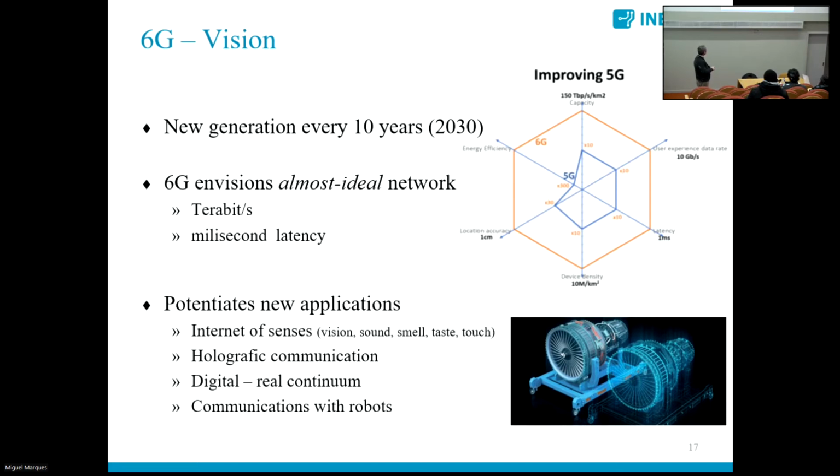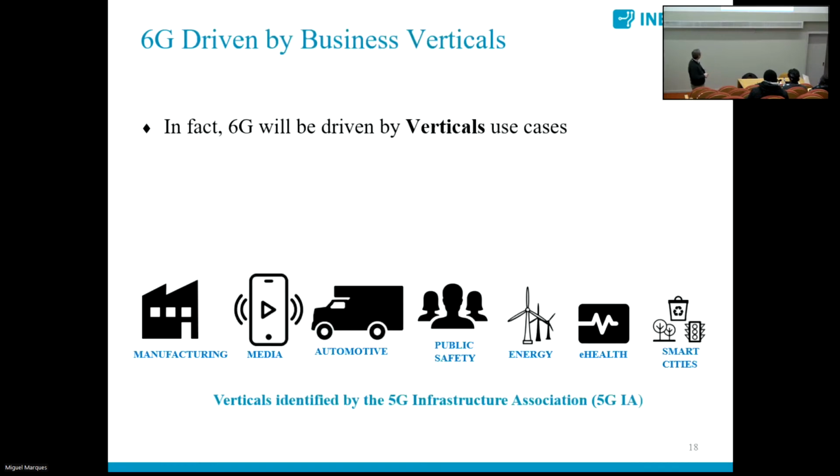And communications with robots or between robots may also be potentiated because we have these two characteristics. Again, as for 5G, the technique being followed to design the technology is very similar to what was done for 5G.